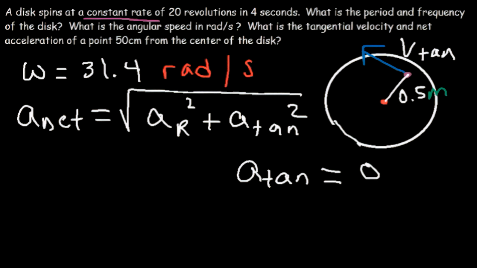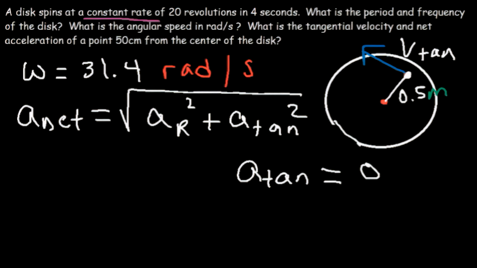However, because the point is changing direction, we do have a centripetal or radial acceleration. There's two ways in which you can have an acceleration: if the object speeds up, or if it changes direction. If it speeds up, then the tangential acceleration is not 0. But since it's moving at constant speed, the tangential acceleration is 0.